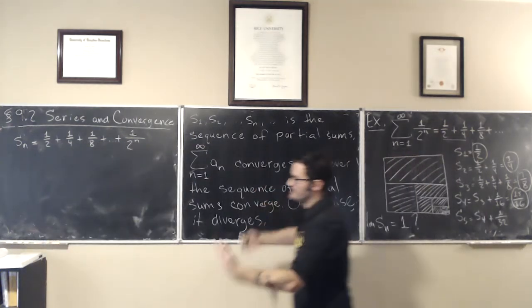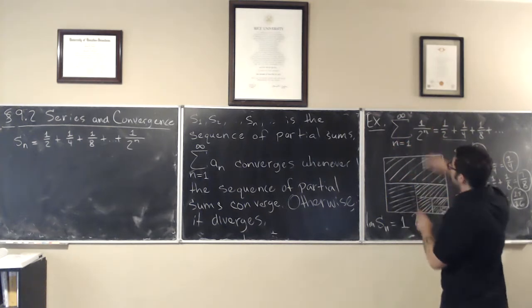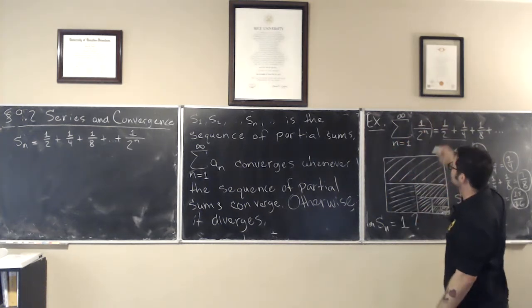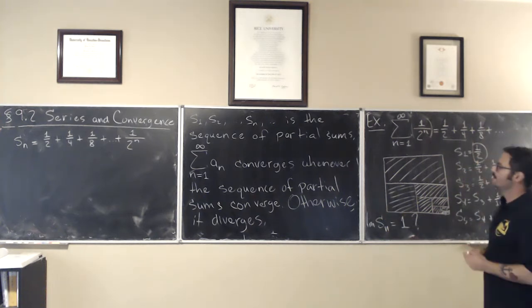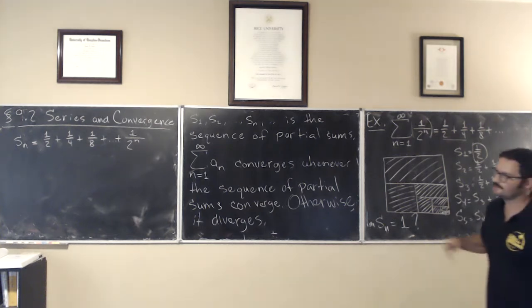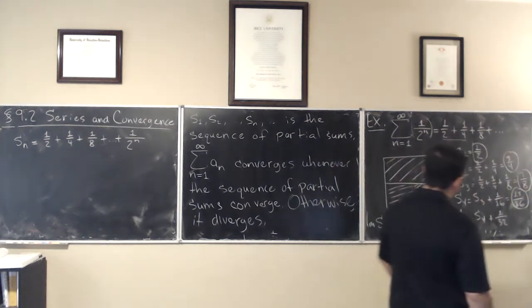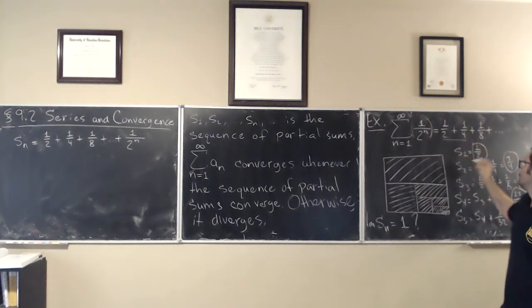We need to know what the sequence looks like. This is not the sequence. This expression is not the sequence. Be very careful with that. I've had a lot of students have problems with that in the past. This is the sequence, and we need to find out what that is. You don't even have to work out the algebra to look at it. What's in the denominator? 2 to the power n.